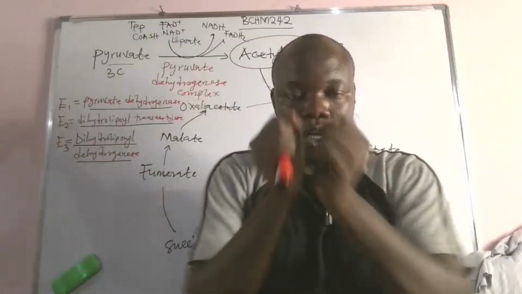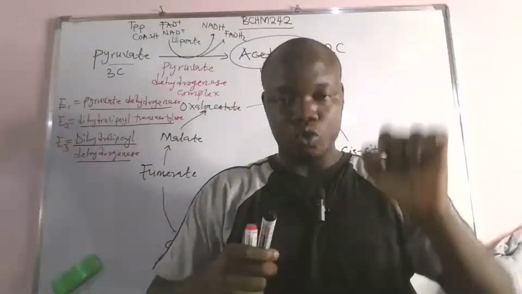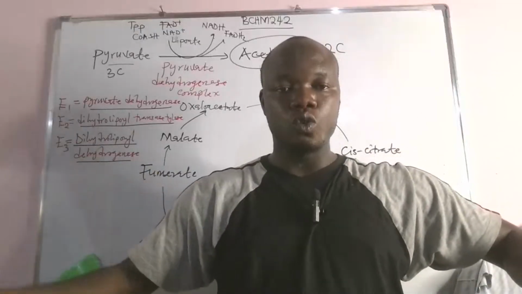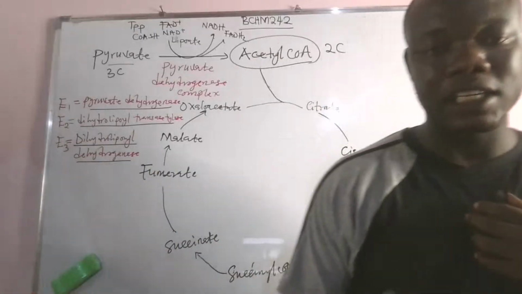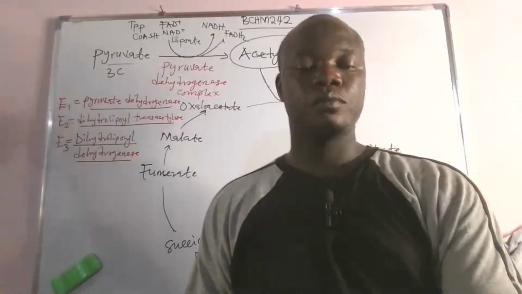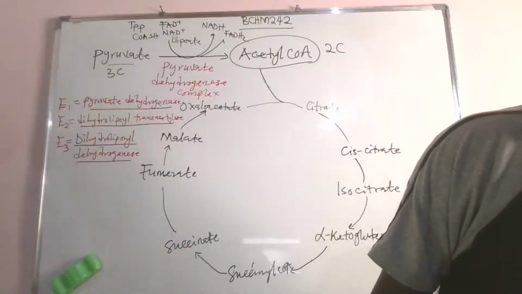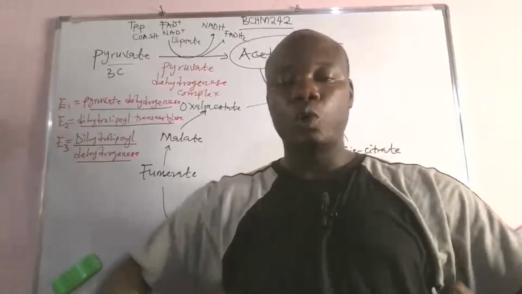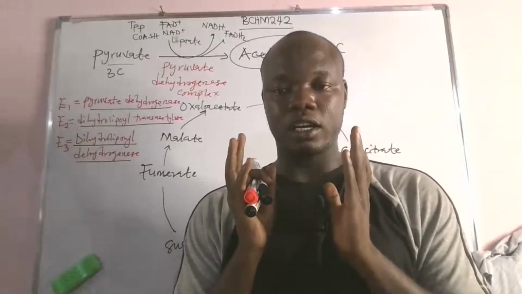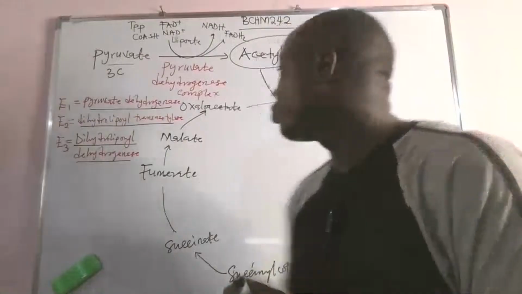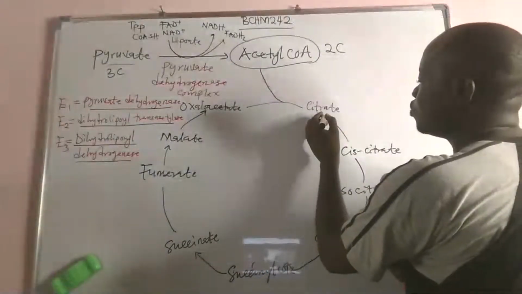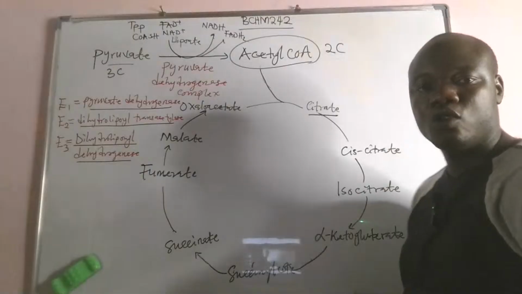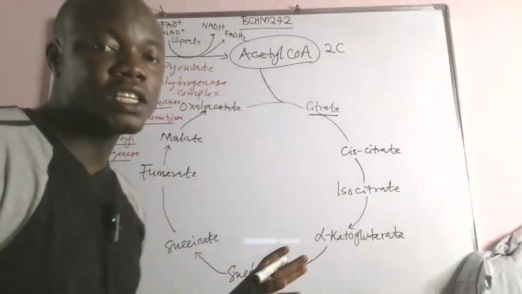They will join together. Two molecules, oxaloacetate and acetyl-CoA, will combine together. So once they combine, what will they generate? They will generate what you call citrate. So citrate will be generated, as you can see from here.